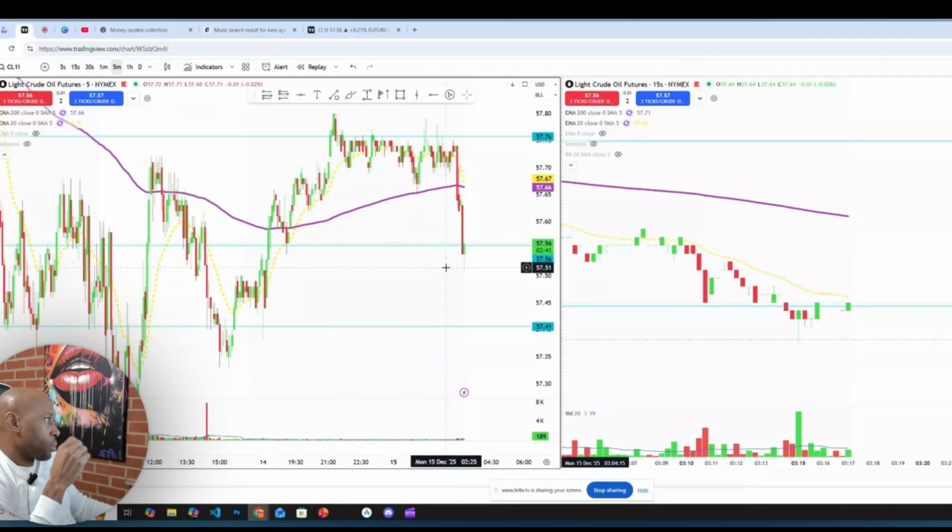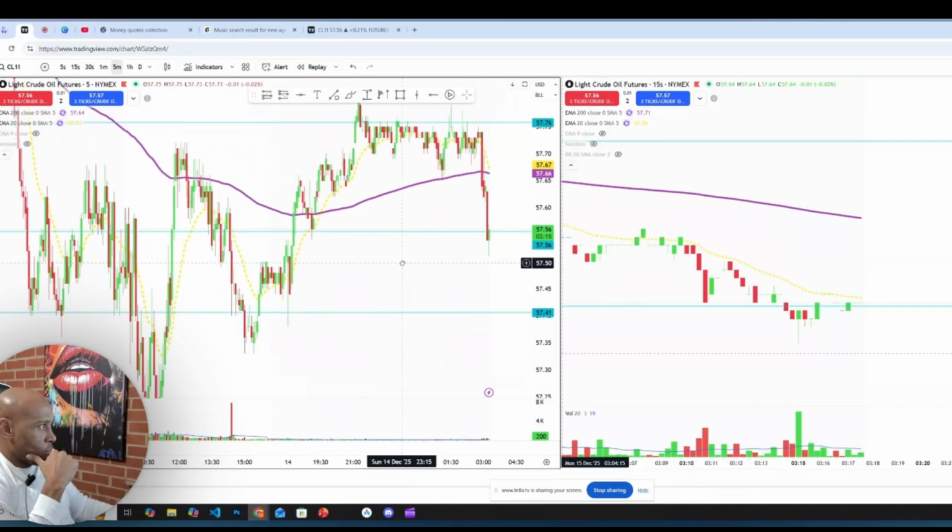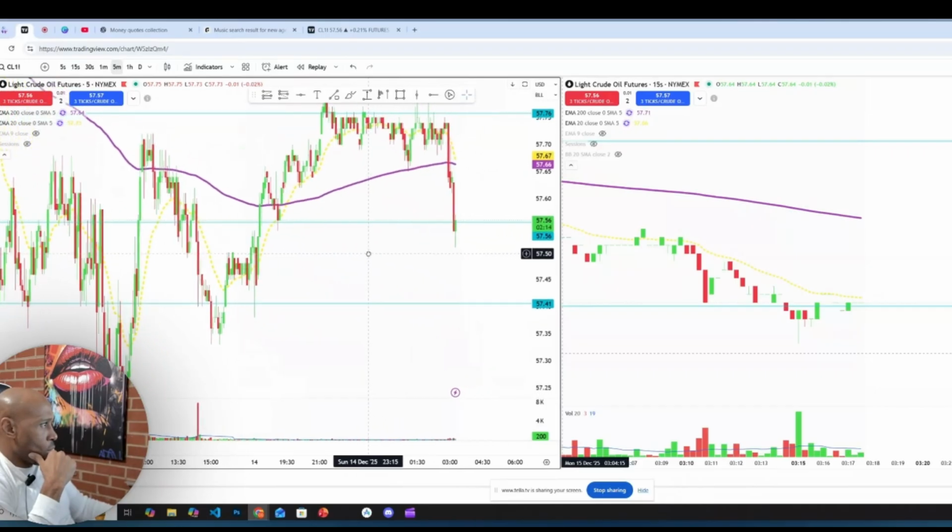And also too, just because I use the 1 hour time frame to draw some of my levels, I will also, I guess, refine some levels by looking at my 5 minute price chart. Like I can see a level probably right here, but it wasn't a major level that really stuck out to me.